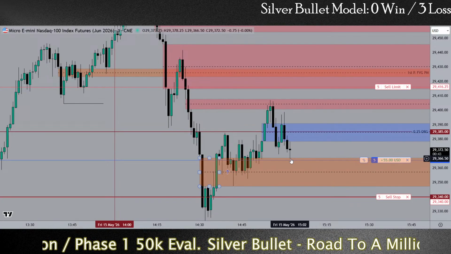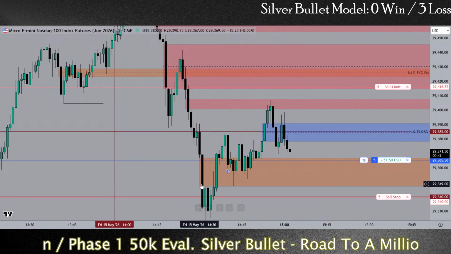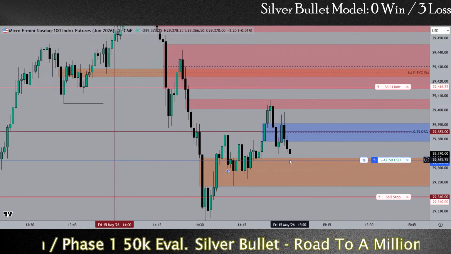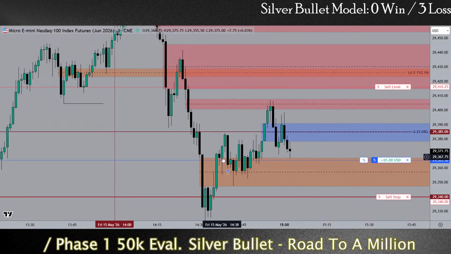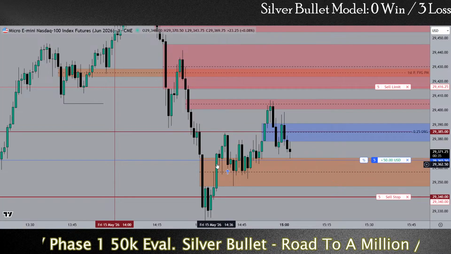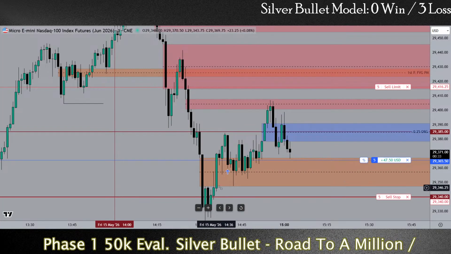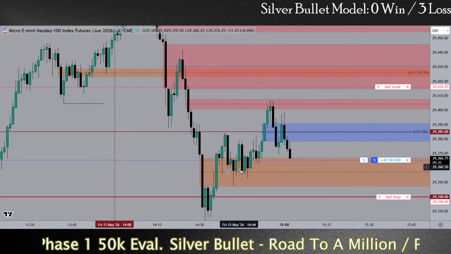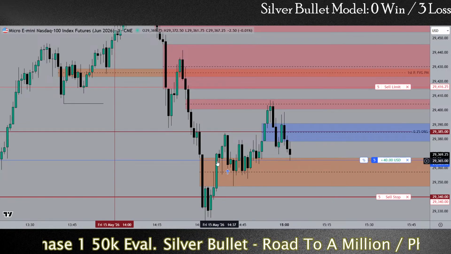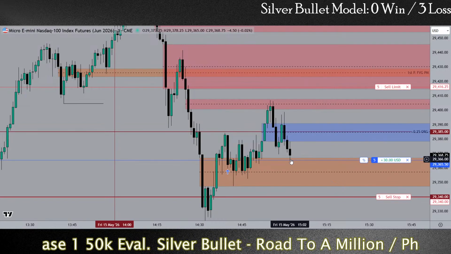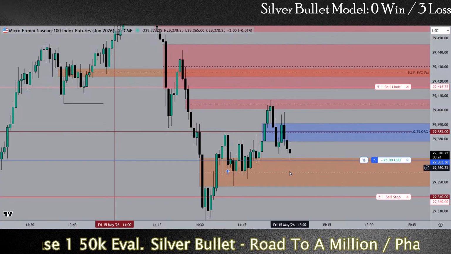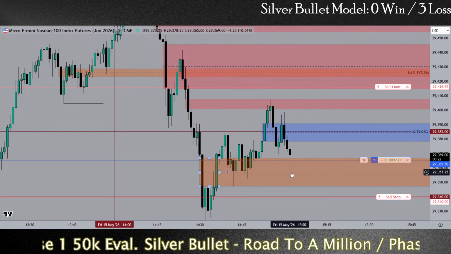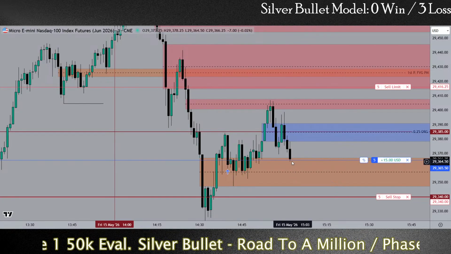So yeah, it looks like we'll be returning back to this inversion fair value gap. And it's pretty much balanced at this moment, with the measure of how much price action was traded up and down. It's pretty much a balanced price range. So it really should not close below consequent encroachment, but I don't know if it won't, right?